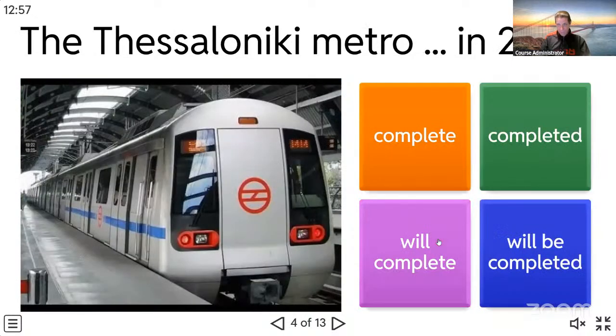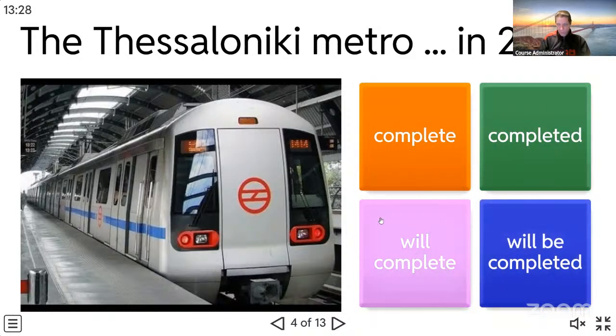All right. Now, in this case, because it's 2025, actually it's 2025 now, I know, but in this case, we're talking about the future in 2025, maybe later in the year. The Thessaloniki Metro in 2025, in the future, okay? Because this is going to happen in the future, we need to use will.